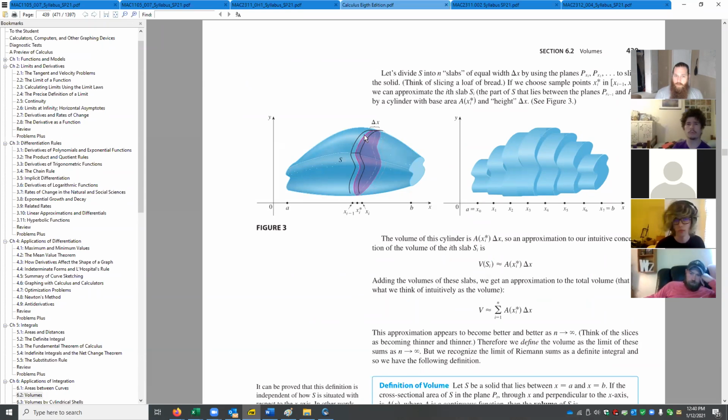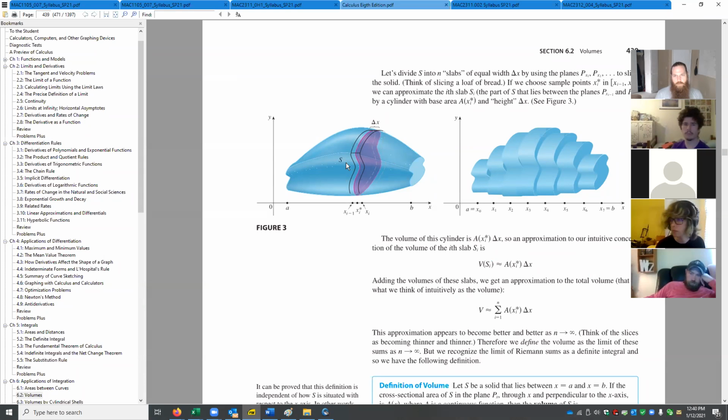The way we're going to do that is take tiny little cross-sectional slices, find a formula for the area of one of those slices, and multiply by a tiny little thickness, and that will give you a tiny little volume. You add up all those tiny little volumes and you get the total volume.